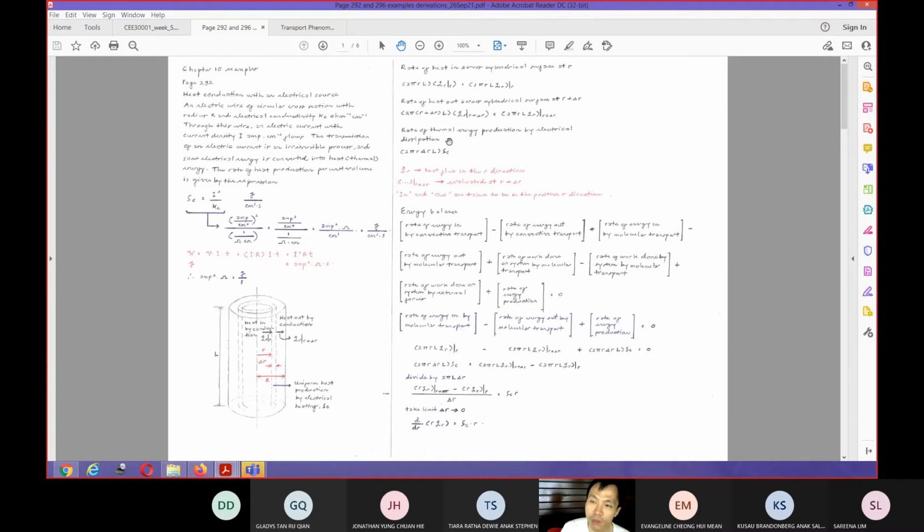Once you manage to figure out these three terms in here, you put them into this term, which will simplify into this term, then this term will become this term. Then I just leave this term in here, and I move these two terms into the right hand side, then I can get this term in here.